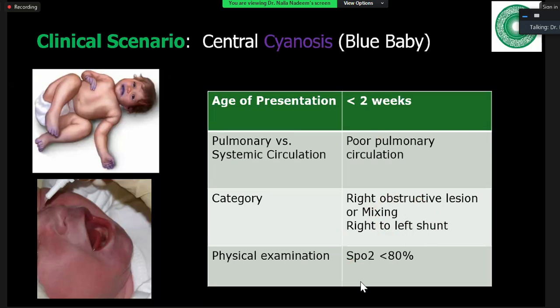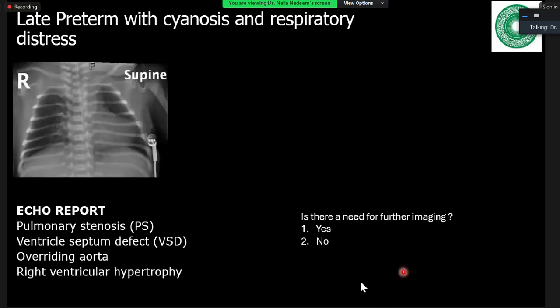And normally on physical examination, the oxygen saturation is less than 80%. So let's look at our first case.